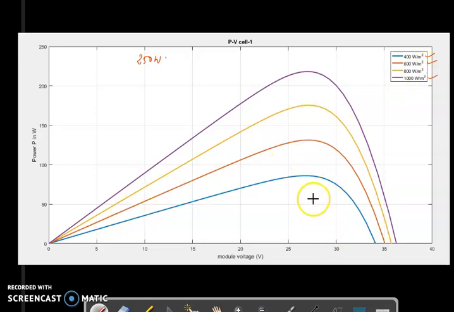By changing the irradiance, we can see that the peak of the power curve is moving up. This is because of the changes in the photovoltaic current. But the open circuit voltage is almost the same. So there is no drastic difference in the open circuit voltage of the PV panel.